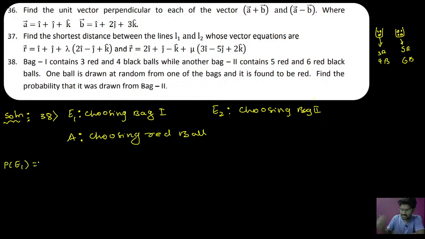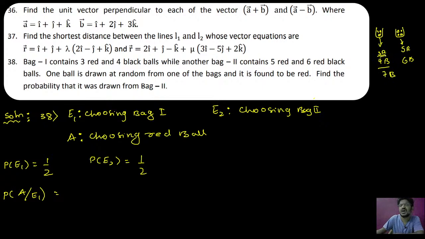Now probability of E1: you have 2 bags, so probability of E1 will be 1 by 2. Probability of E2 will also be 1 by 2. Now you have to find the probability of a red ball. E1 is already selected, that means probability of A given E1. E1 is bag 1. In the bag, total how many balls? 7 balls, in that you have 3 red balls.